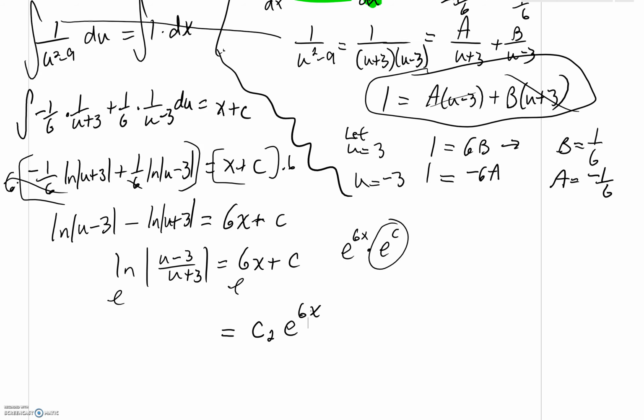Well, my goodness, as you're working through this, we could even drop our absolute value here. We can talk about why, because whether our absolute value would be plus or minus, that constant is still going to be a constant, isn't it?